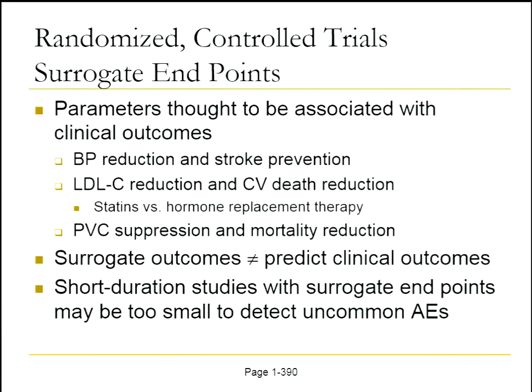So we usually don't give antiarrhythmic drug therapy to suppress PVCs any longer because it's associated with an increase in mortality. All right, so that's an example of a surrogate endpoint that did not translate into a positive clinical outcome. So we have to be very careful in how we interpret these in our clinical trials, and not assume that these always are predictive of appropriate clinical outcomes.